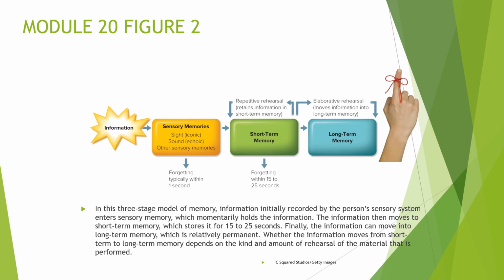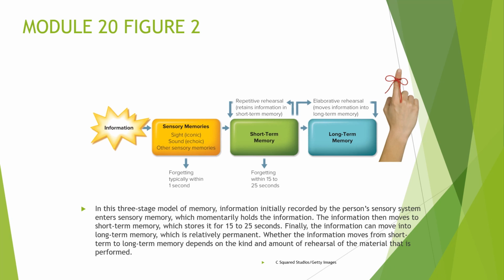If you do notice it, if you do hear it, see it, or taste it, that information then goes on to short-term memory. If you don't send it on to long-term memory, then the information is forgotten within about 15 to 25 seconds. If you want to get information into long-term memory, we'll talk about ways to do that.